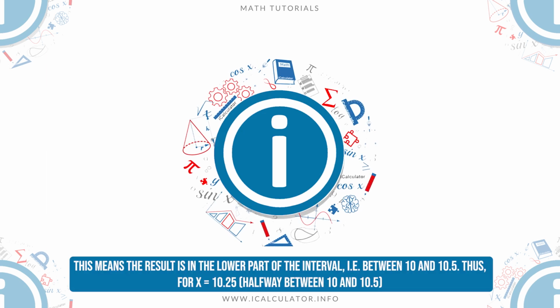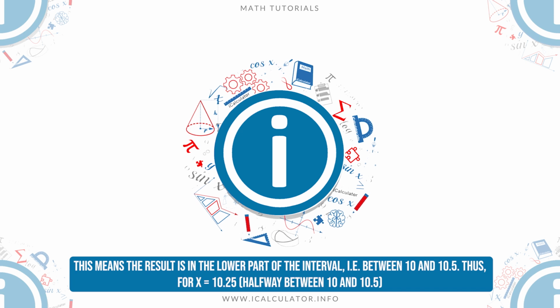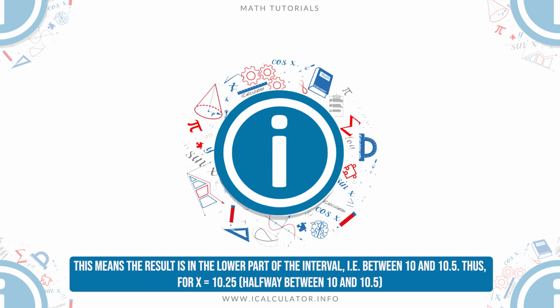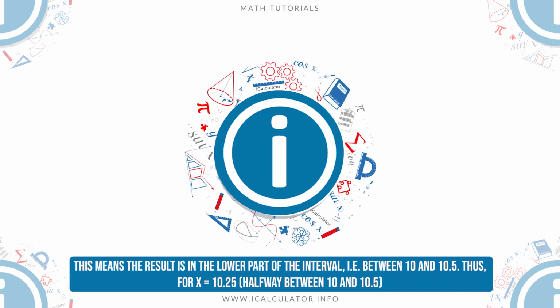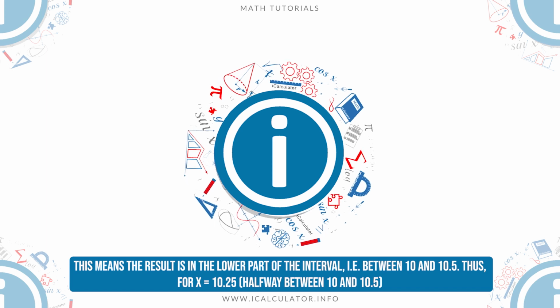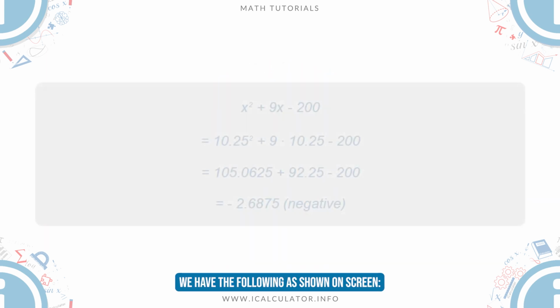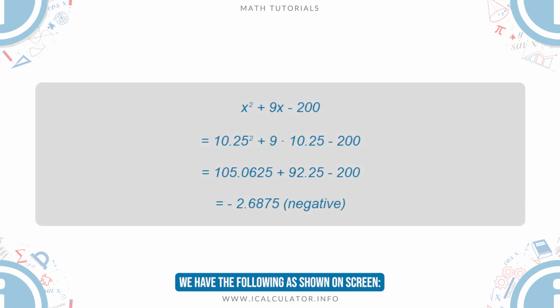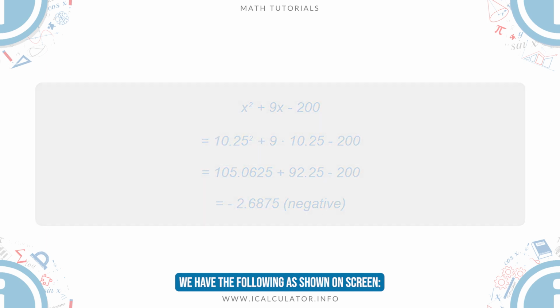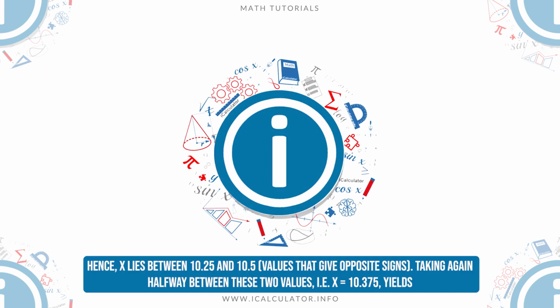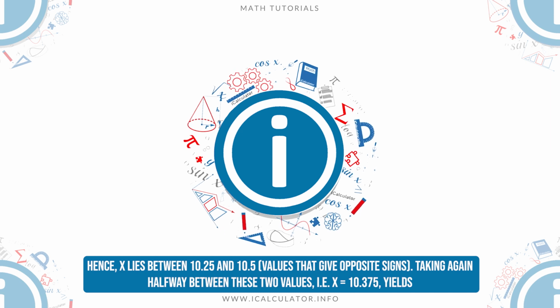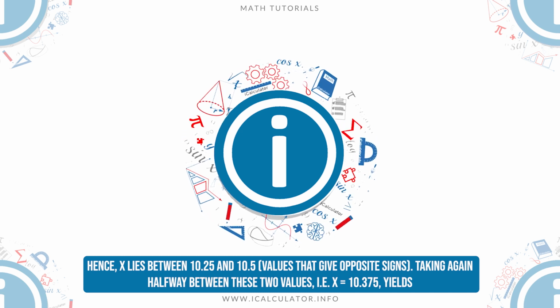This means the result is in the lower part of the interval, i.e. between 10 and 10.5. Thus, for x equals 10.25, halfway between 10 and 10.5, we have the following as shown on screen. Hence, x lies between 10.25 and 10.5, values that give opposite signs.